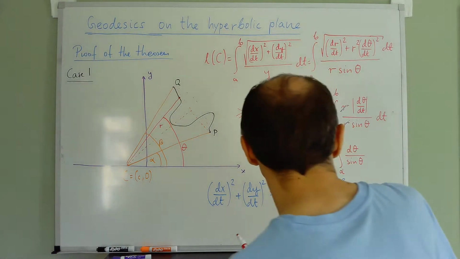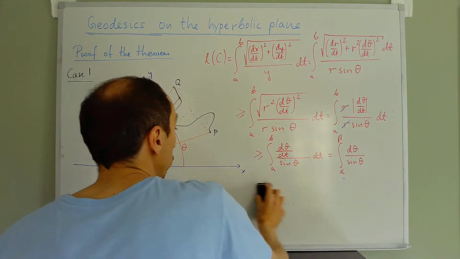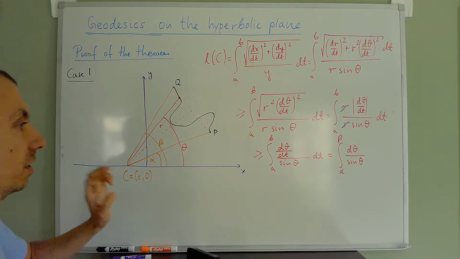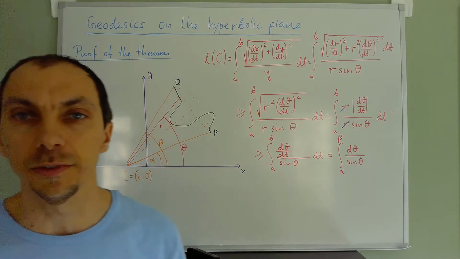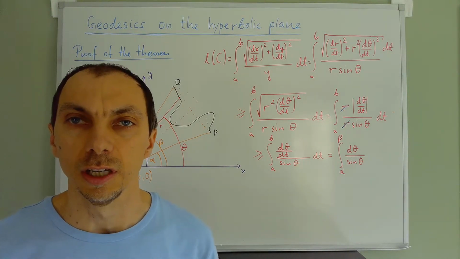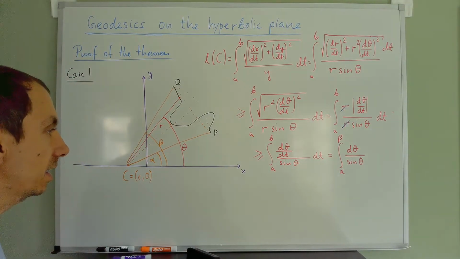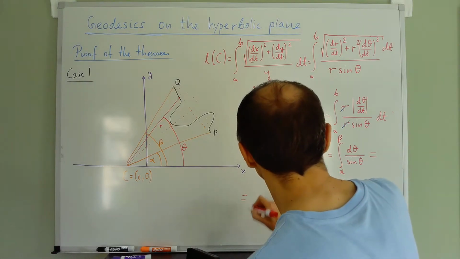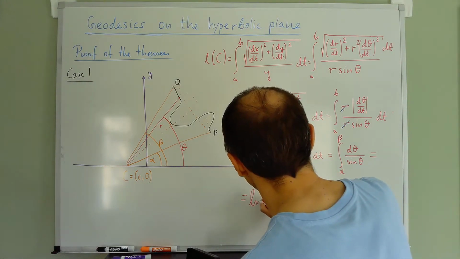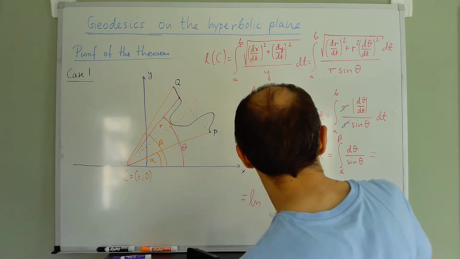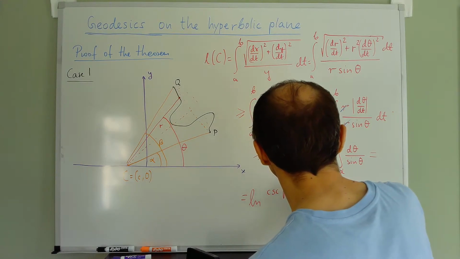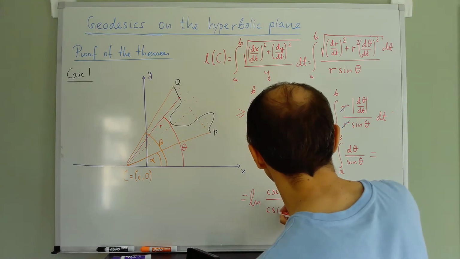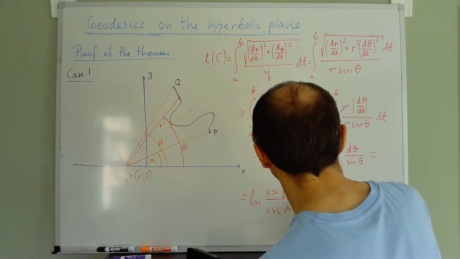But what is this? This is the integral we had when we were computing the length of the Euclidean circle centered somewhere on the x-axis. So this is indeed, I already know these integrals, the natural log of cosecant beta minus cotangent beta divided by cosecant alpha minus cotangent alpha.